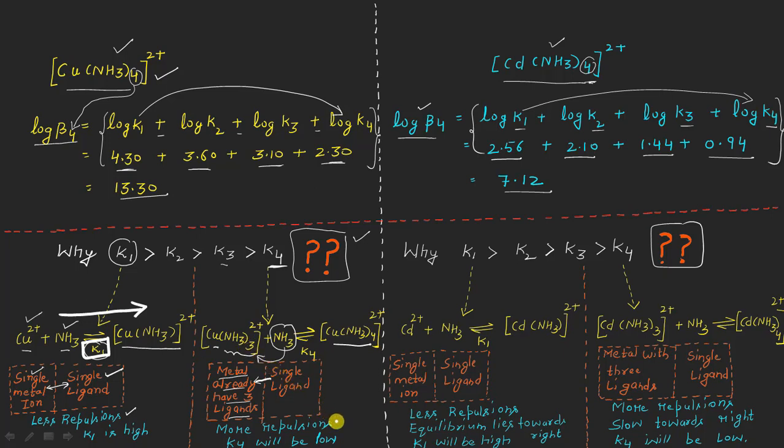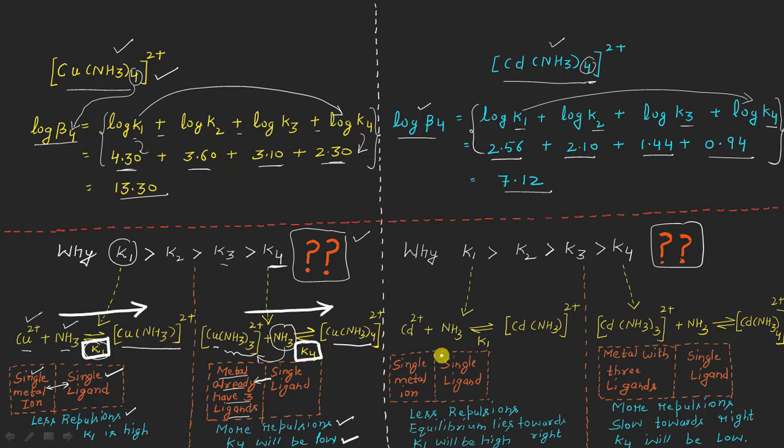Because of these repulsions, the reaction will proceed in this direction but not at a very high speed, right? So the value of this equilibrium constant, the K4, will be quite low here. And you can see the K1 value is quite high and the K4 value is quite low.